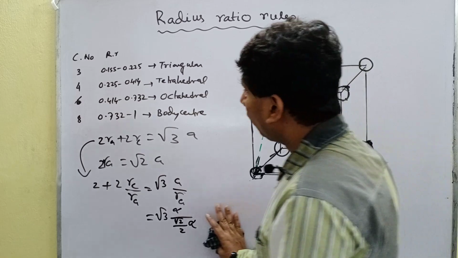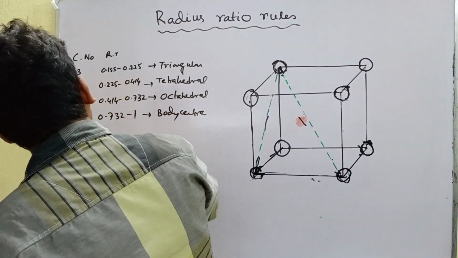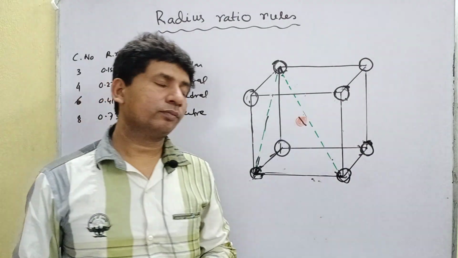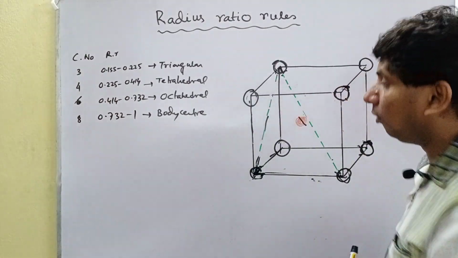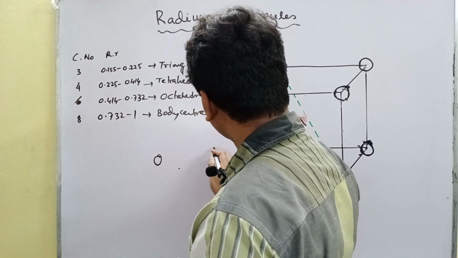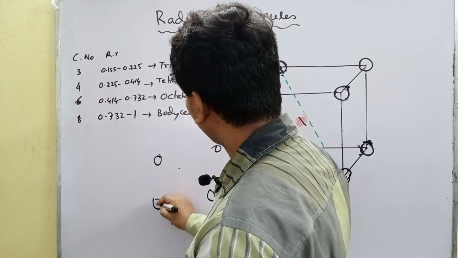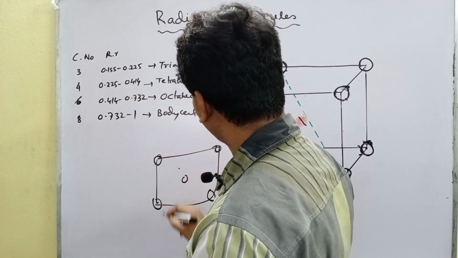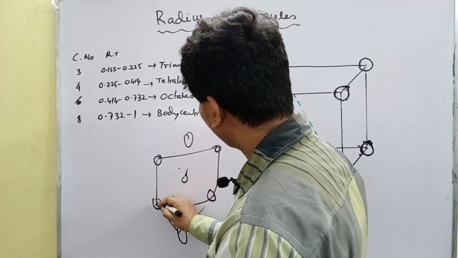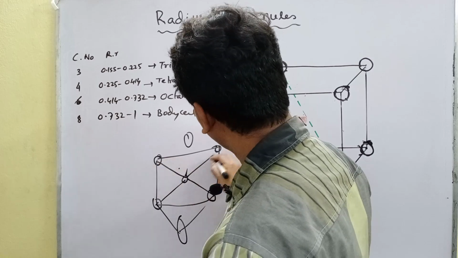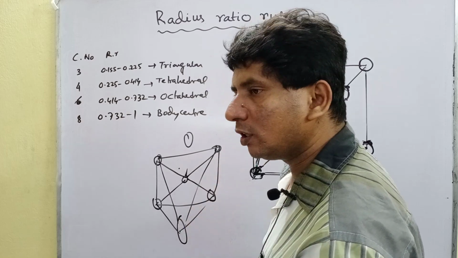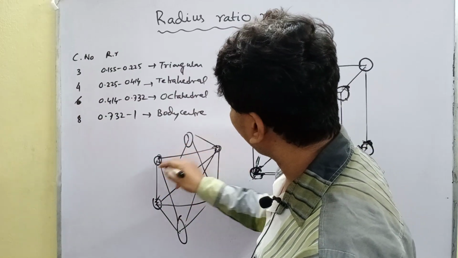And what will be the octahedral structure? We already saw this, but we should calculate it. Octahedral means, as already discussed, if it is a square with an anion at each corner and a cation in the center, this is a pyramid and this is again another pyramid.